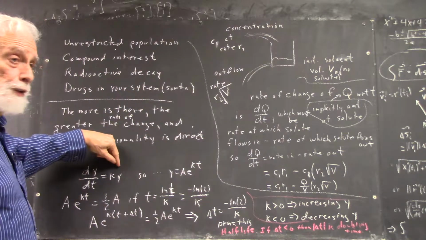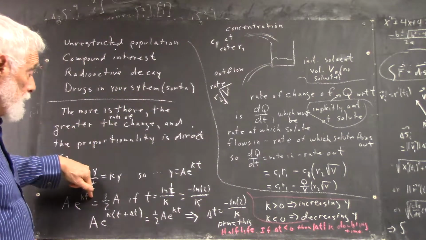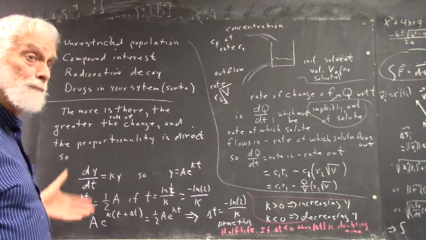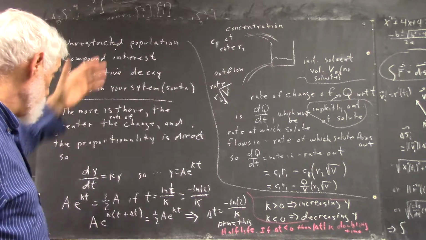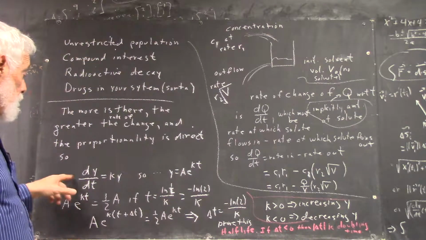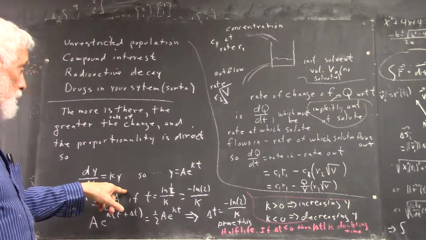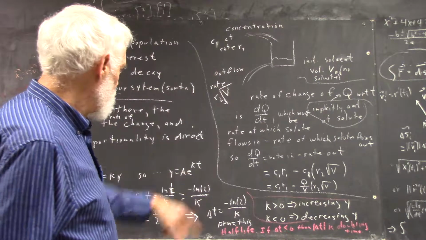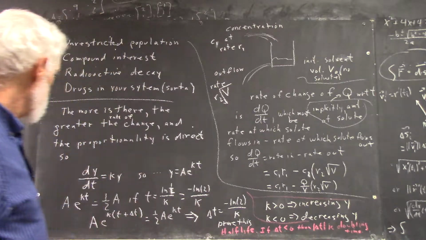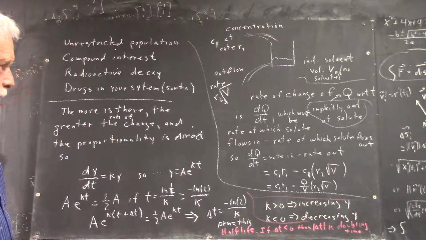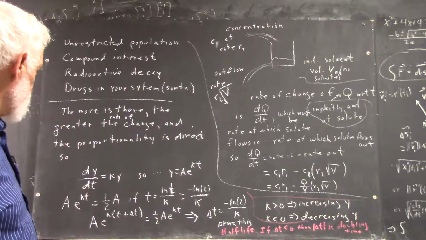So if y is the amount you have, then dy/dt is the rate at which it changes, assuming we're changing in time, and that'll be the case here. So you get this equation, rate of change proportional to how much you've got. Very easy to solve. You get y equals ae to the kt. We've done this. And you almost certainly did this in first year calculus.